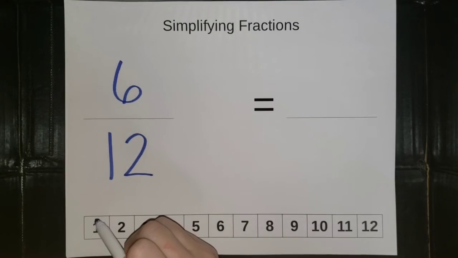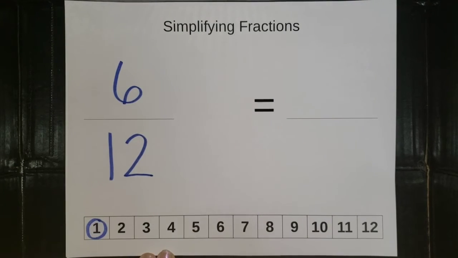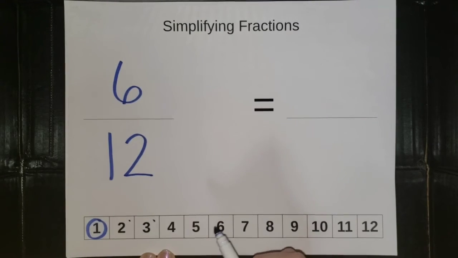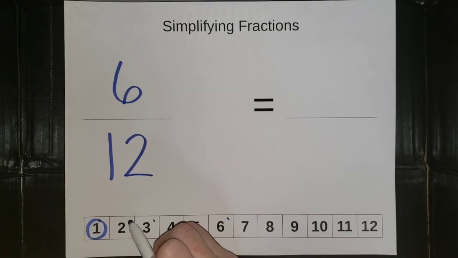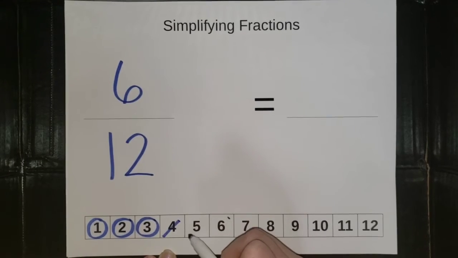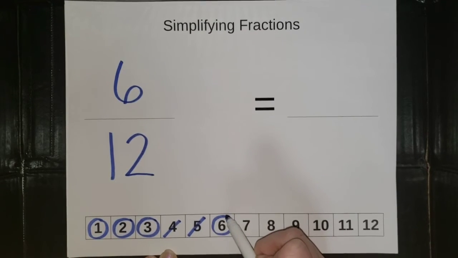Now I know that if I go by the factors of 6: 1, 2, 3, not 4, not 5, and 6. And the factors of 12: 1, also 2, also 3, but not 4, not 5, and also 6.